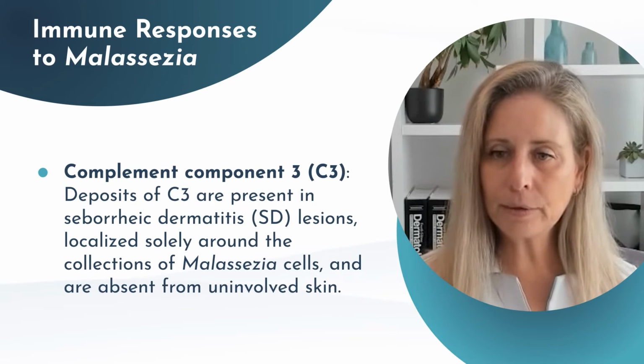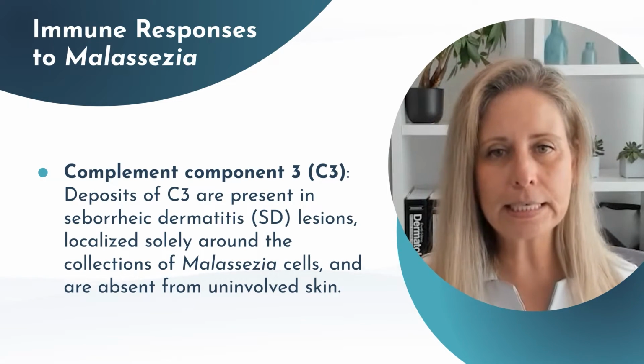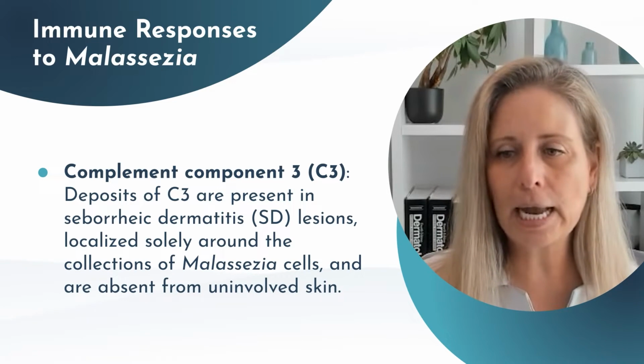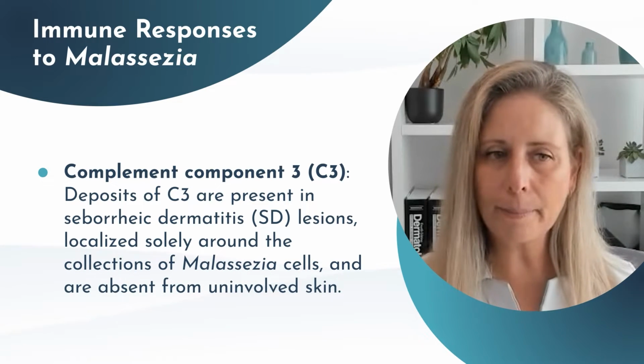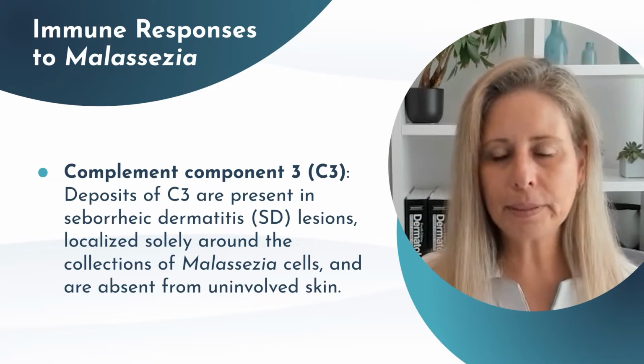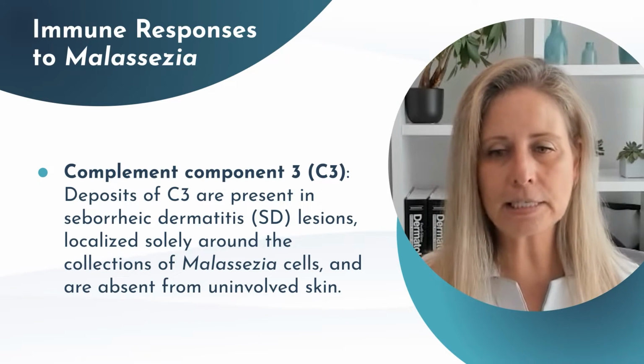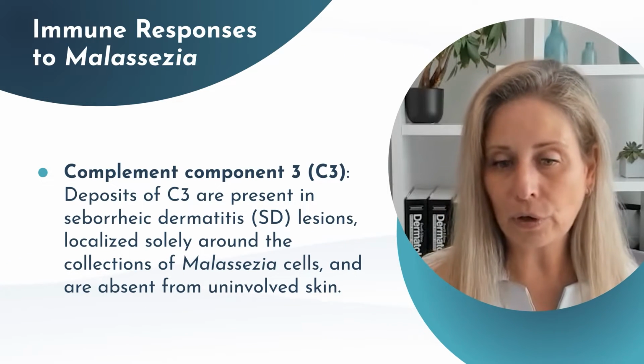We produce complement in reaction to Malassezia, so C3. Deposits of C3 are present in SD, seborrheic dermatitis lesions. We're going to talk about sebderm in a minute. And those areas of complement deposit are located just around the collections of Malassezia cells. They're not present in the uninvolved skin.